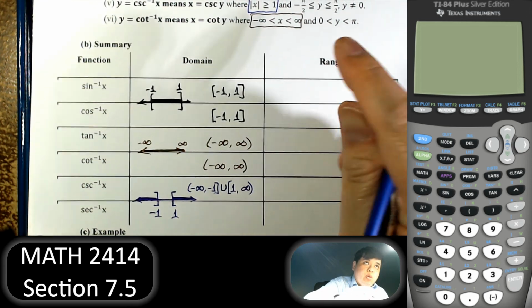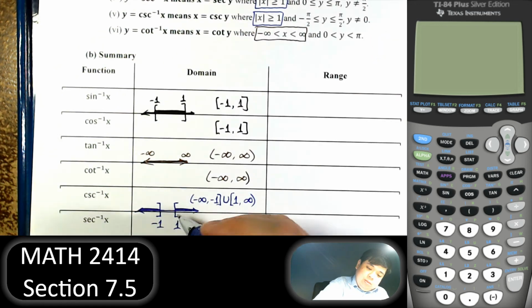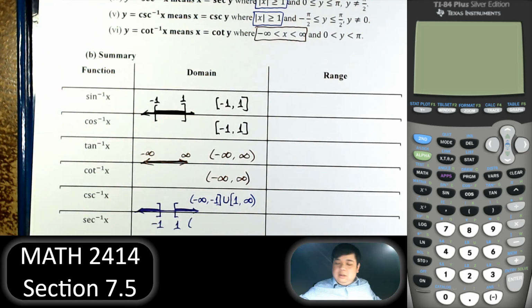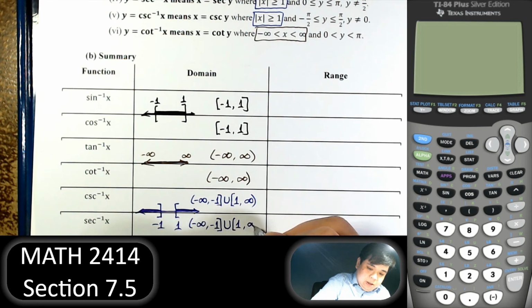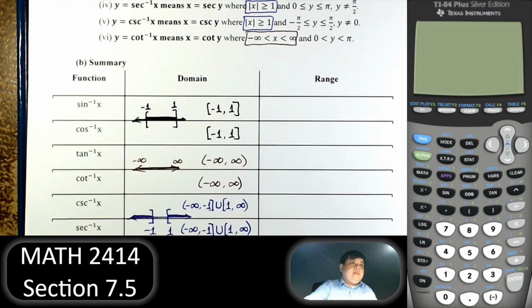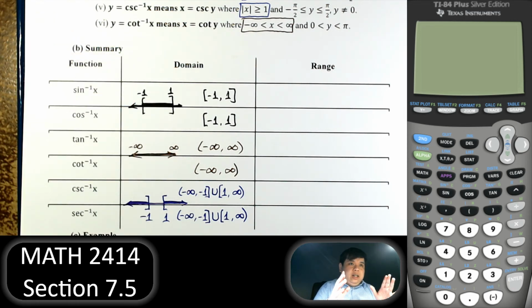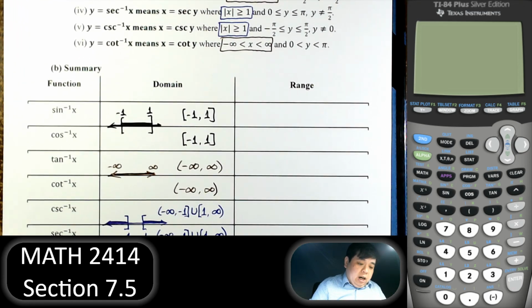It is equivalent to writing absolute value of x greater than or equal to 1. So either between negative 1 and 1, the whole thing, or on the outside. Those are the domains for the inverse trig functions.